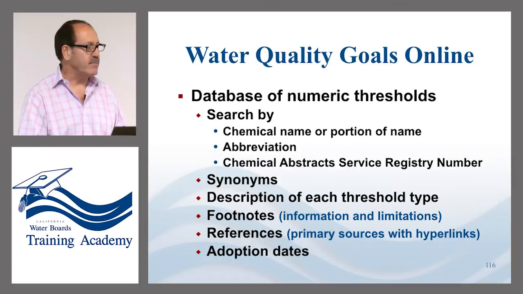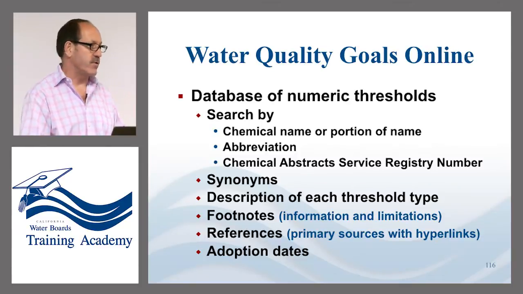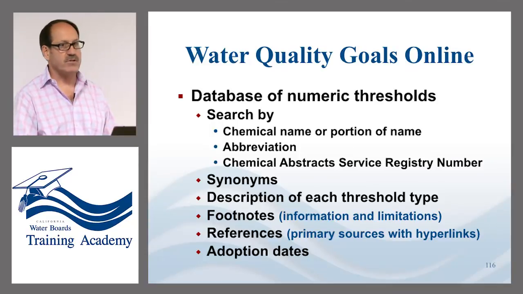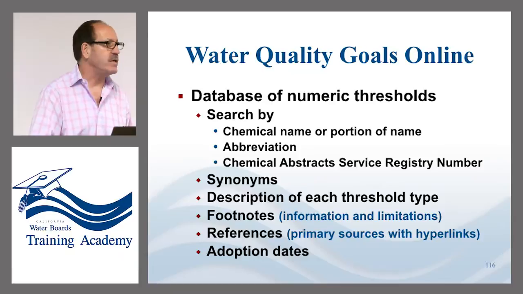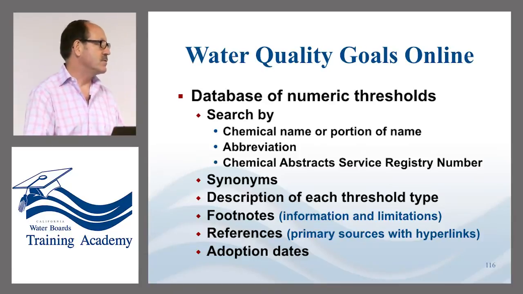we have a database of numeric thresholds that you can search by chemical name, or a portion of the name, or an abbreviation for the chemical, like you could type in TCE and get trichloroethylene, or the Chemical Abstract Service Registry number. The Chemical Abstract Service does a really good service in providing a unique number for every chemical.